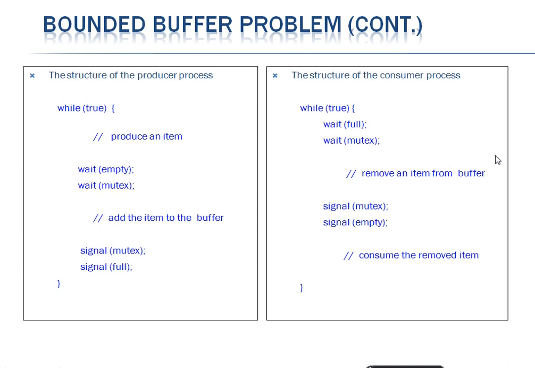So as the producer produces an item, only then can the consumer invoke a wait on mutex and remove an item from the buffer. After doing so, it calls signal over mutex and signal over the empty semaphore so that it consumes the removed item.